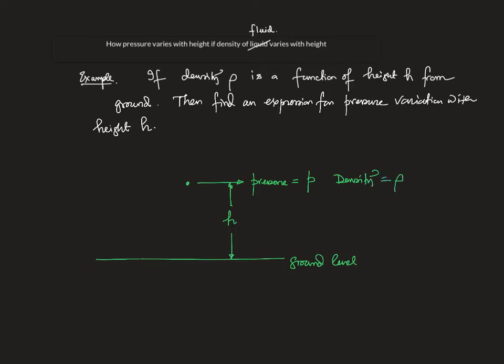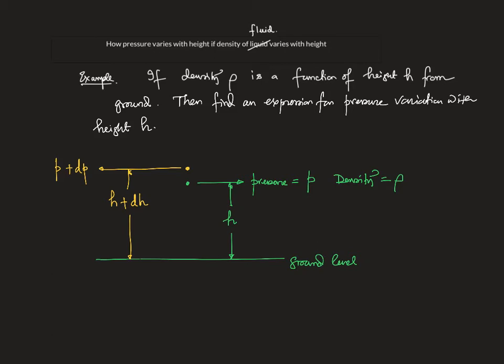Rho is a function of h. Now after a certain height dh, that means at the height h plus dh, the pressure will be p plus dp, regardless of whether the pressure increases or decreases.